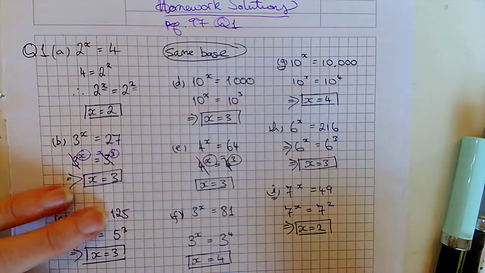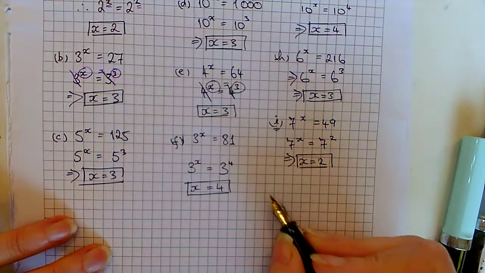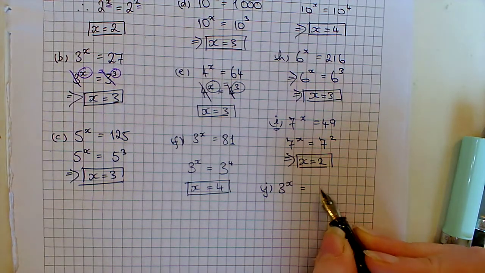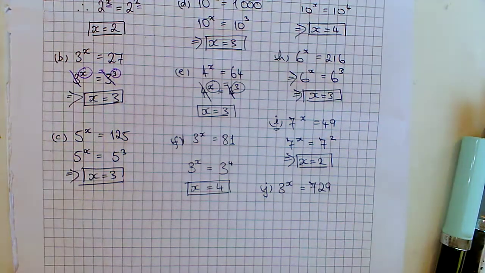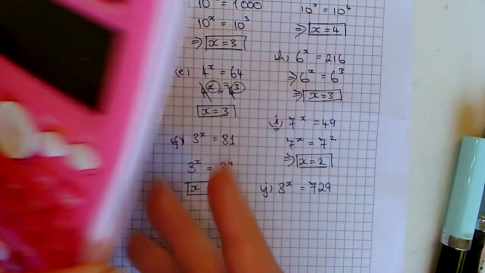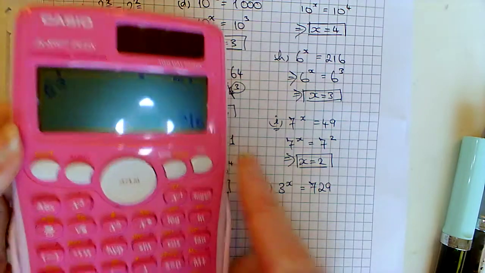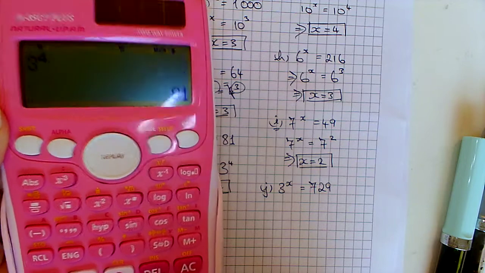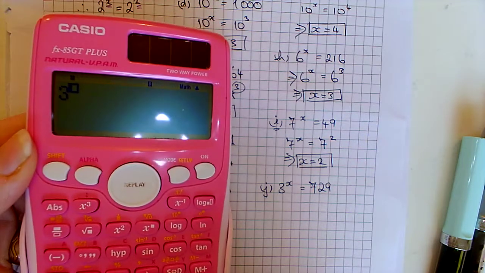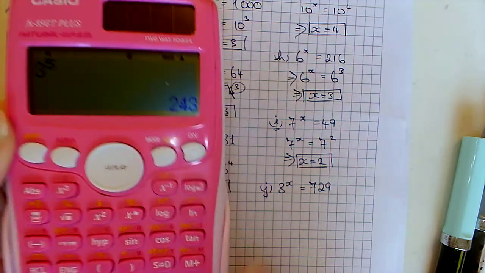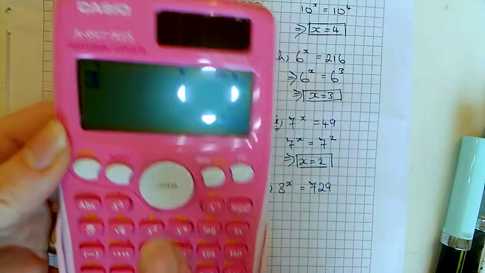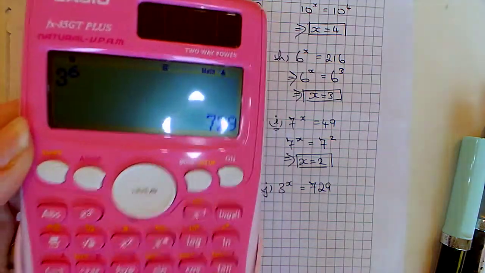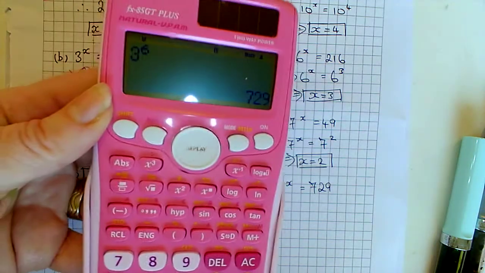And the final one then, part J, 3 to the power of x is equal to 729. Now, nobody would expect you to know this off, so you're going to have to figure it out. 3 to the power of 4 we found was 81, so it's not that. 3 to the power of 5, try it, 243, it's not that. 3 to the power of 6, 729. So you'll never have to go very far. You can just try them in order.